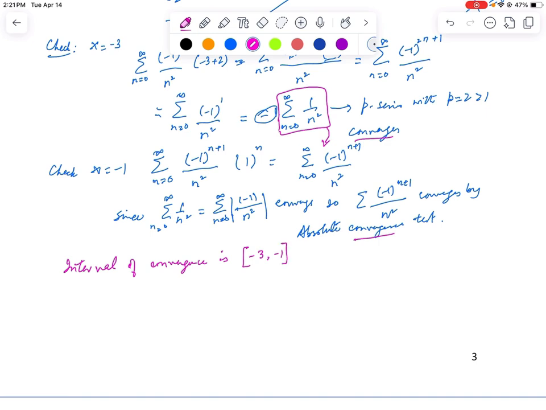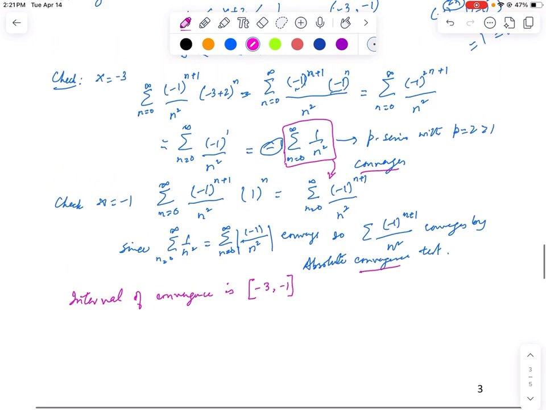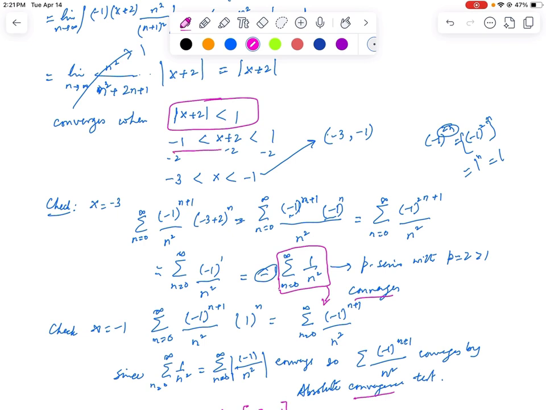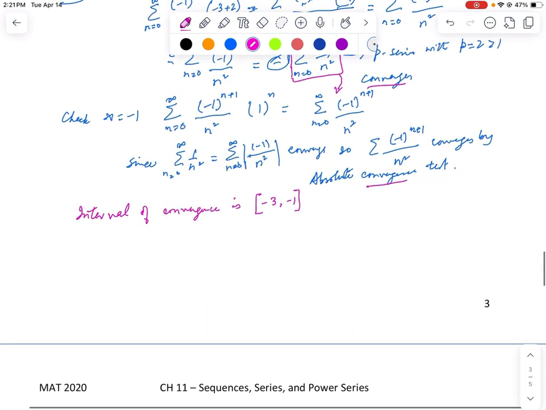And how do you find the radius now? Now we could have written over here, from here, we can see that the radius is 1, or from here, so radius is 1. But if you forgot to pick up from there, you can easily get it from here.